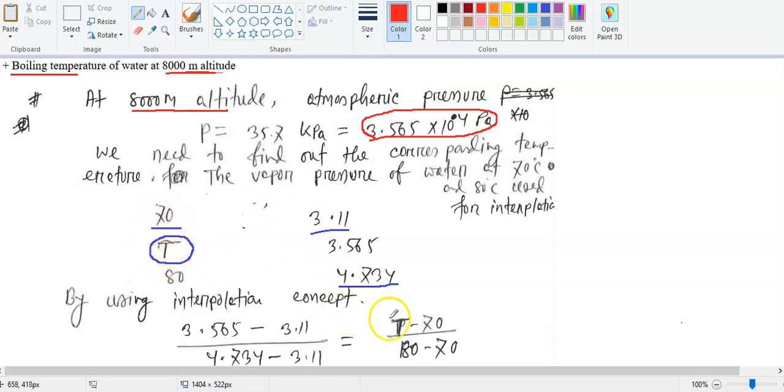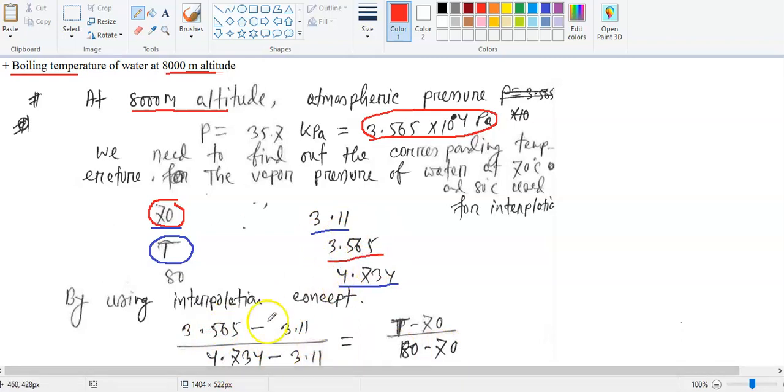What you need to do is, what you are looking for, t, write down t minus the initial value, which is 70, t minus 70 over the end value minus the initial value. You see, 80 minus 70. So this side will be the same thing.